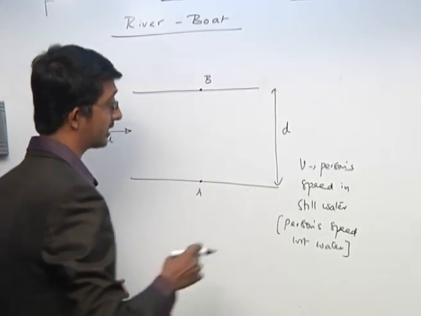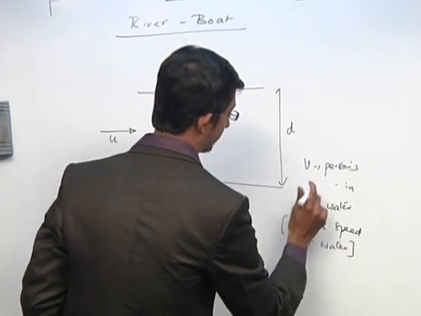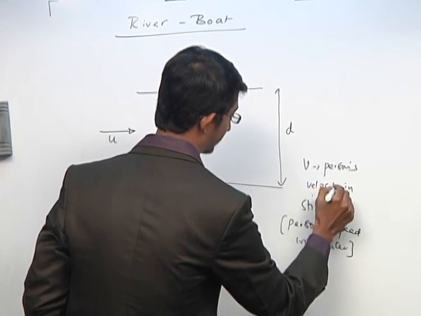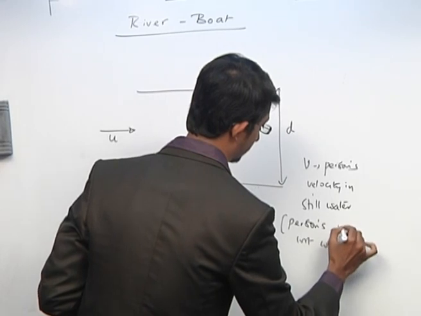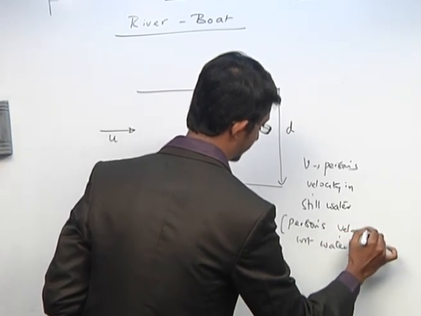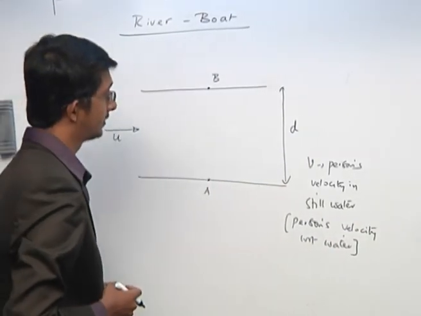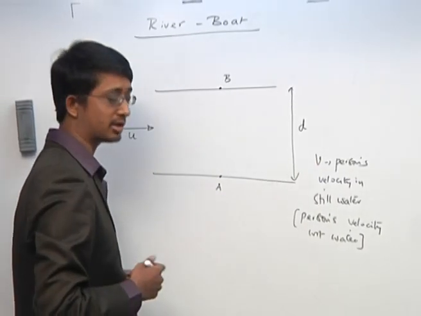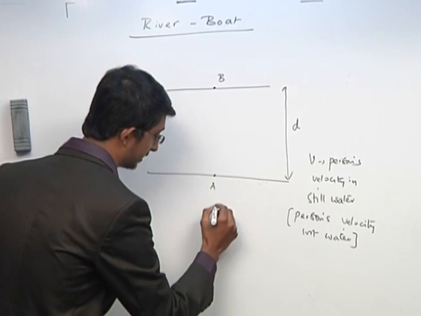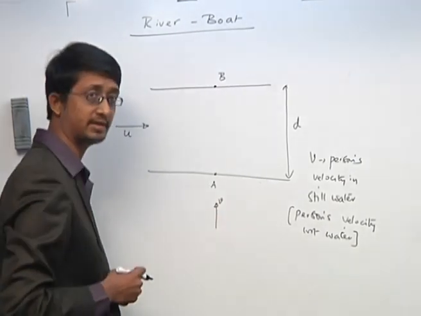Let's see. Or rather I should use the term velocity here. That is more precise, because I can always point out the direction. Actually, the person's speed in still water, or the person's velocity in still water, is v. Let us say he is going in this direction with a velocity v.